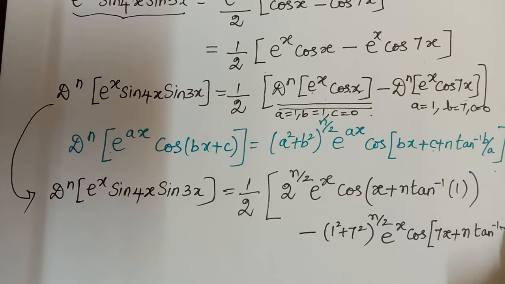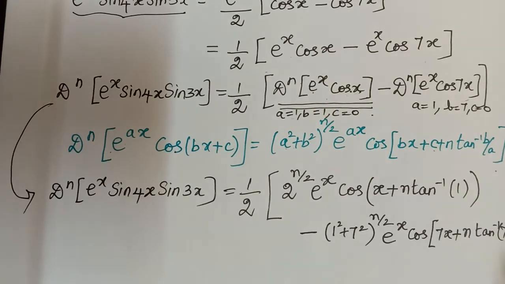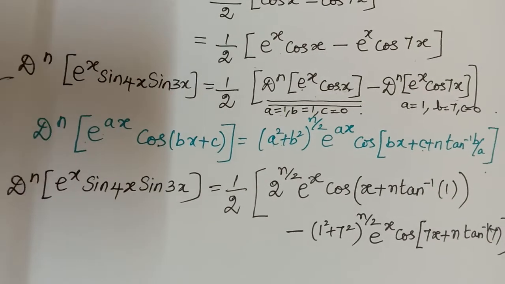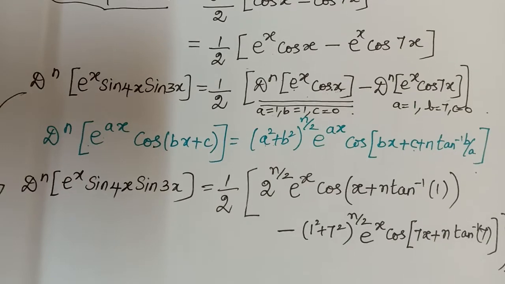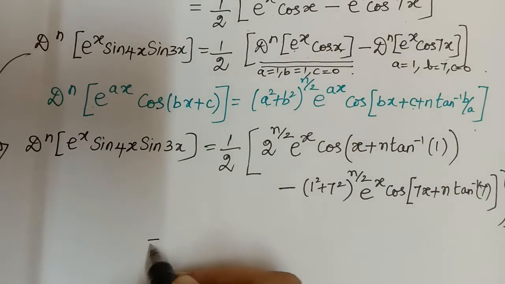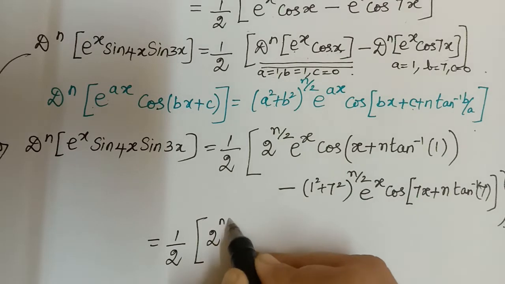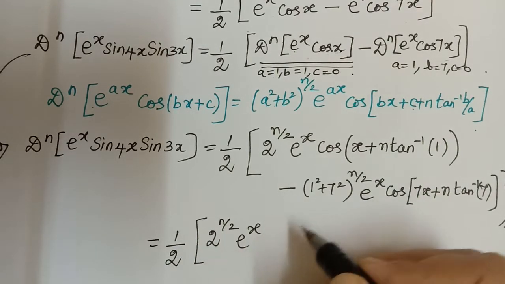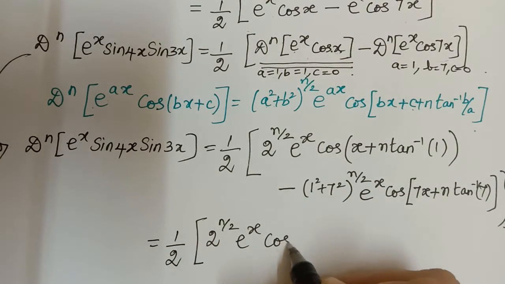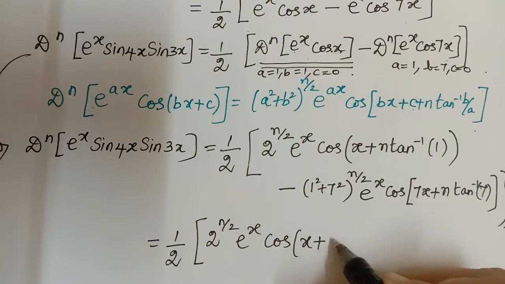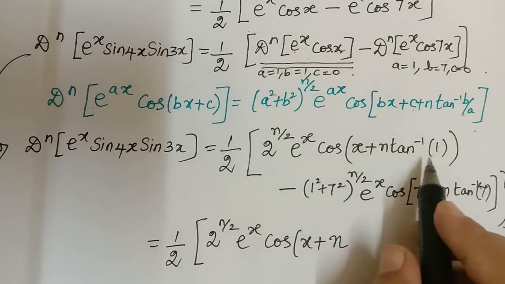So the value of b is 7, a is 1, so it will be tan inverse of 7. So with that we will move on to the next step, and that will be equal to 1 by 2, 2 to the power of n by 2, e power x, and then cos of x plus n tan inverse of 1.